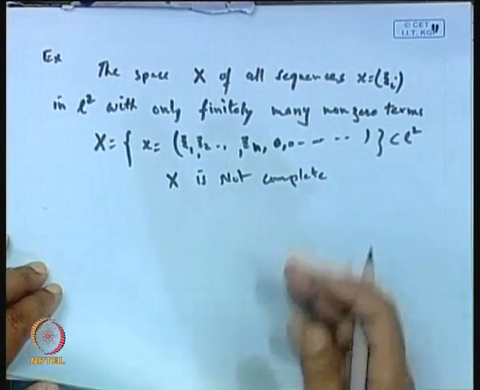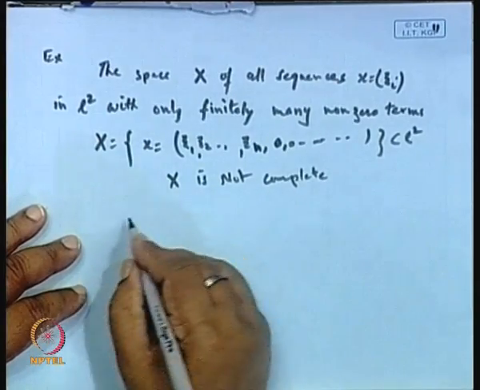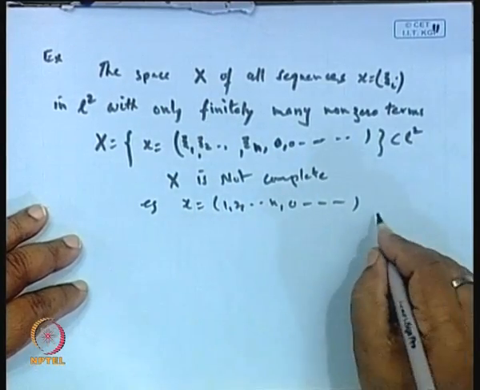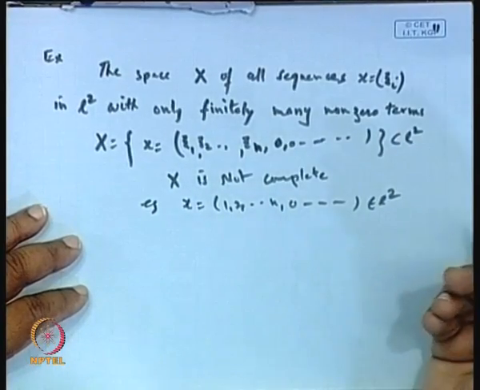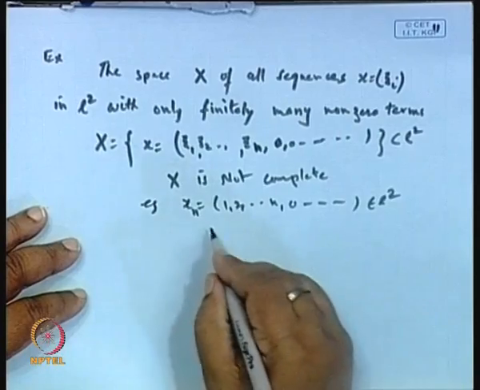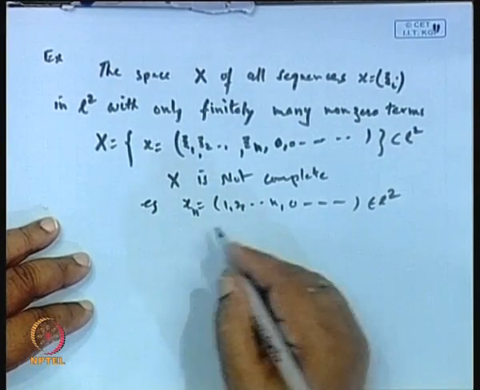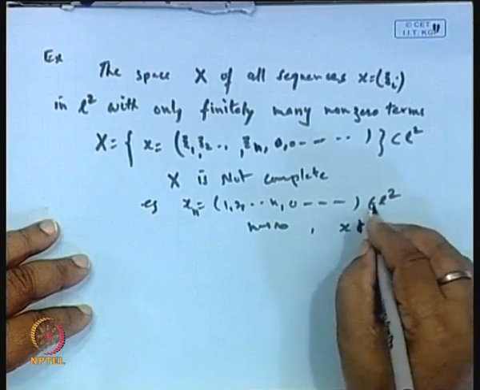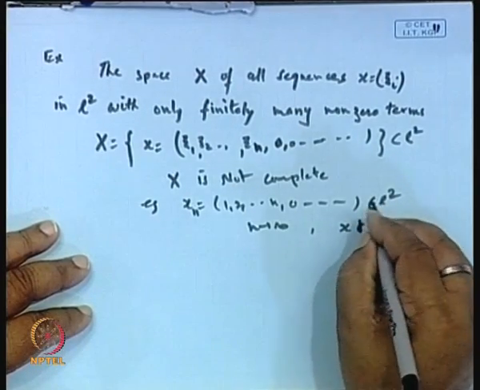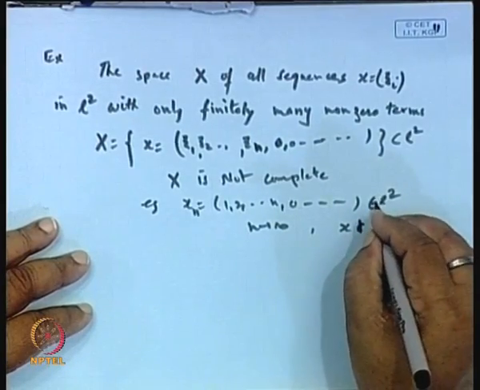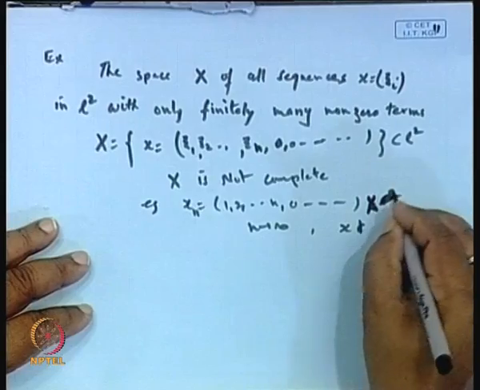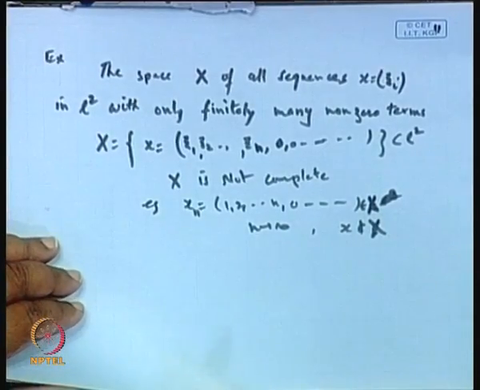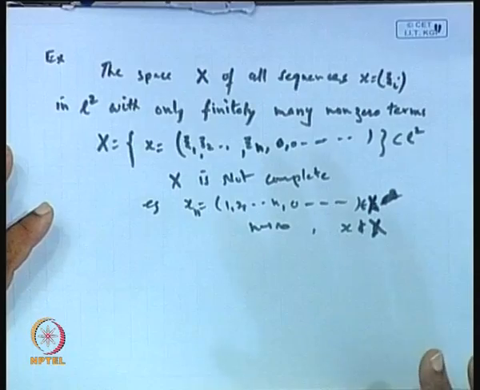So x_n belongs to X, but the limit x does not belong to capital X. So it is not a complete metric space.